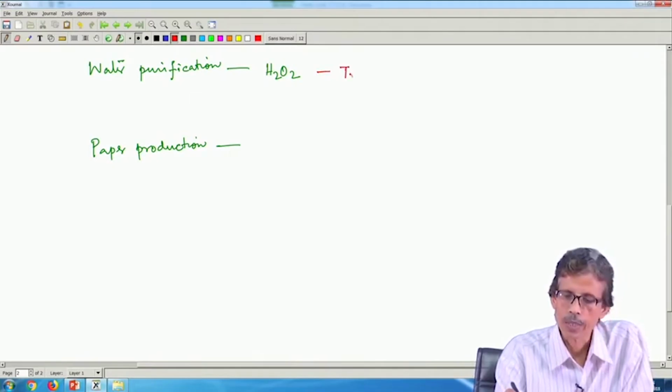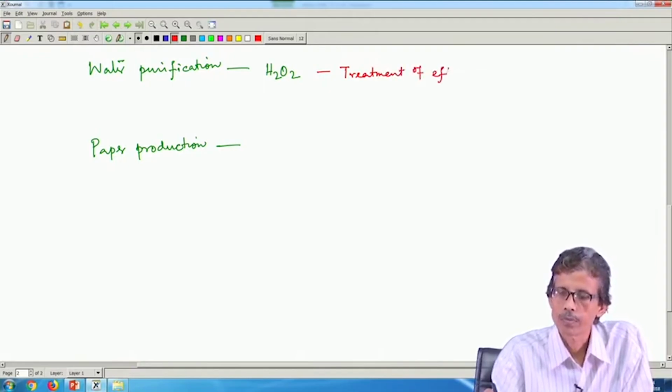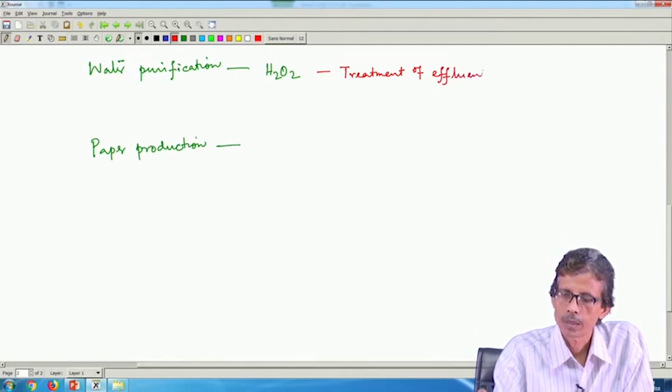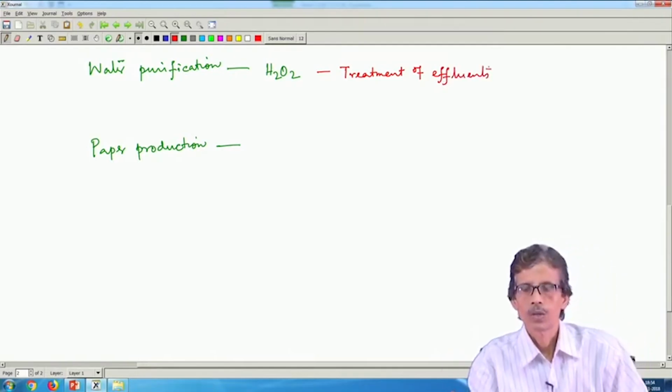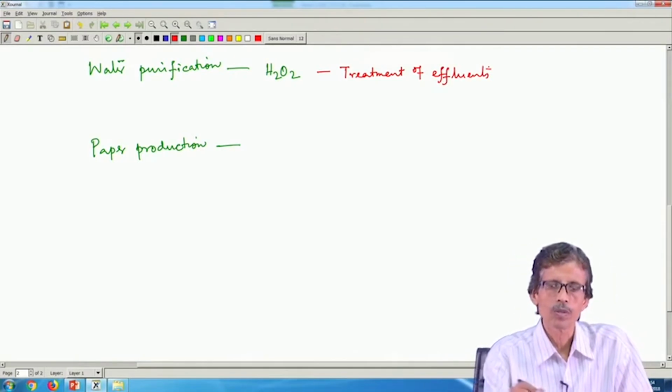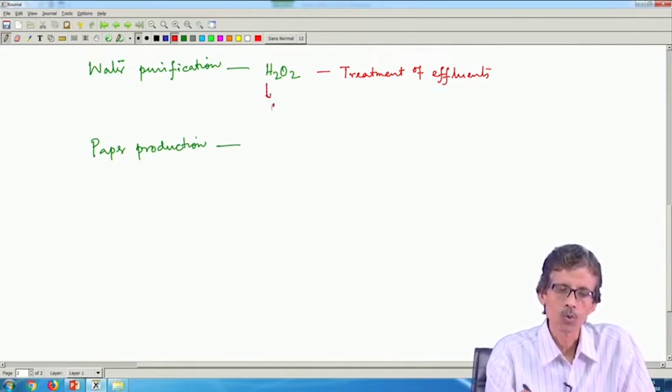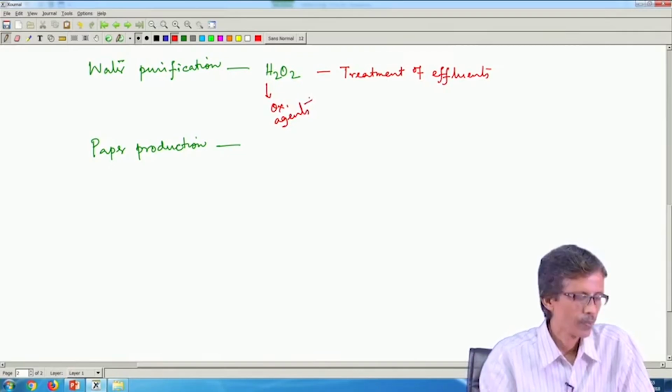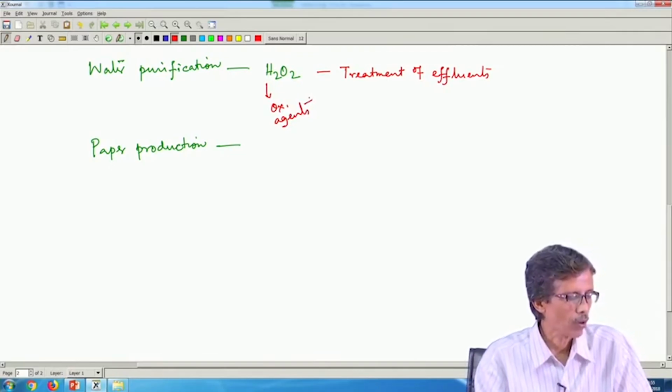So, we can use them for the treatment of effluents. What we can use for the treatment of effluents, because this particular H2O2 is the typical oxidizing agent and can oxidize all these things.